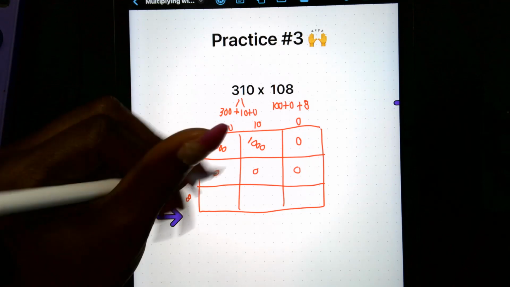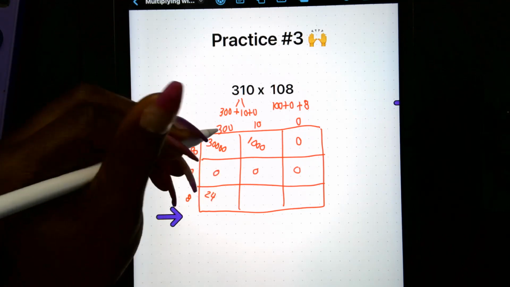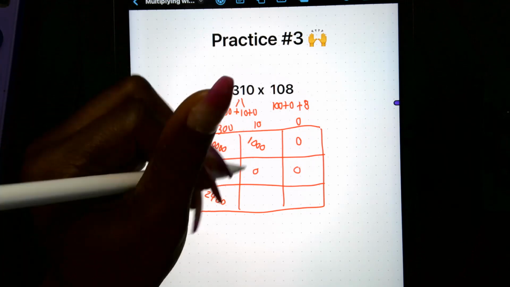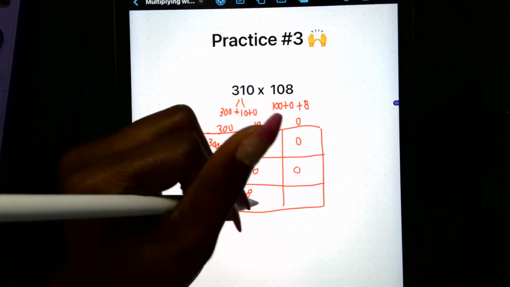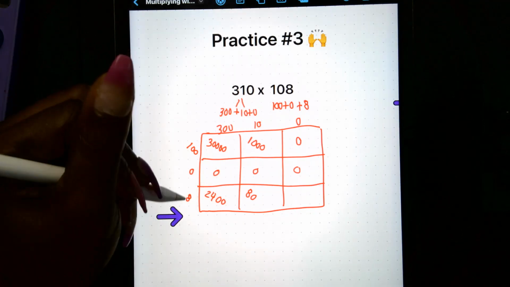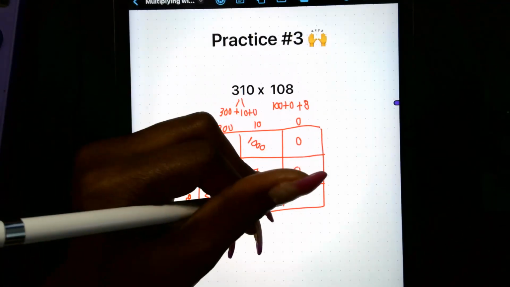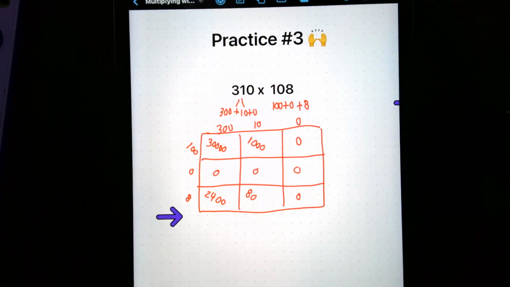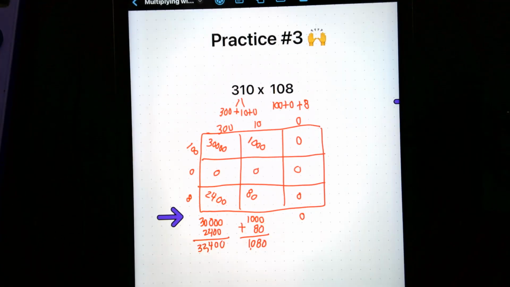8 times 3, that's 24 with 2 zeros. 8 times 1, that gives me 8 with 1 0. And then 8 times 0 gives me 0. Next, let's add it up. Okay, we have our total.